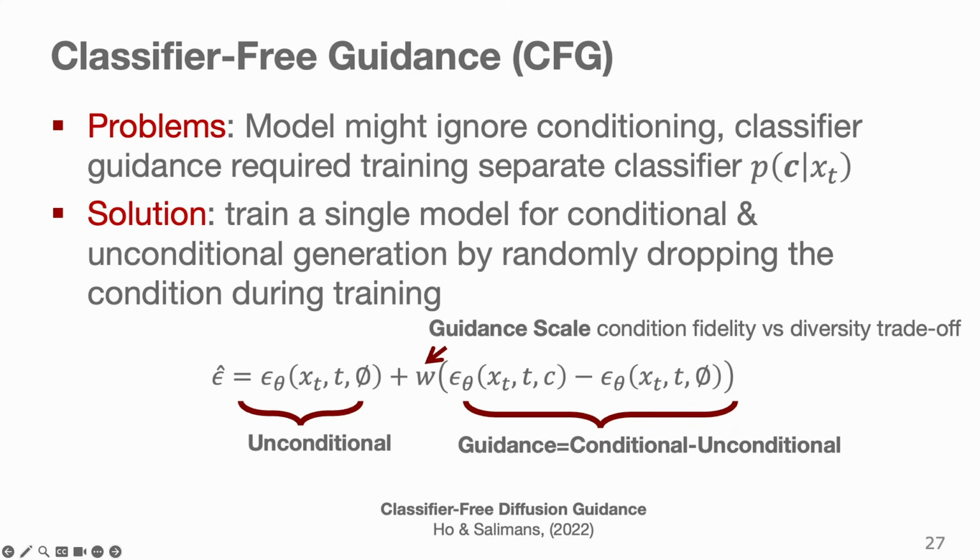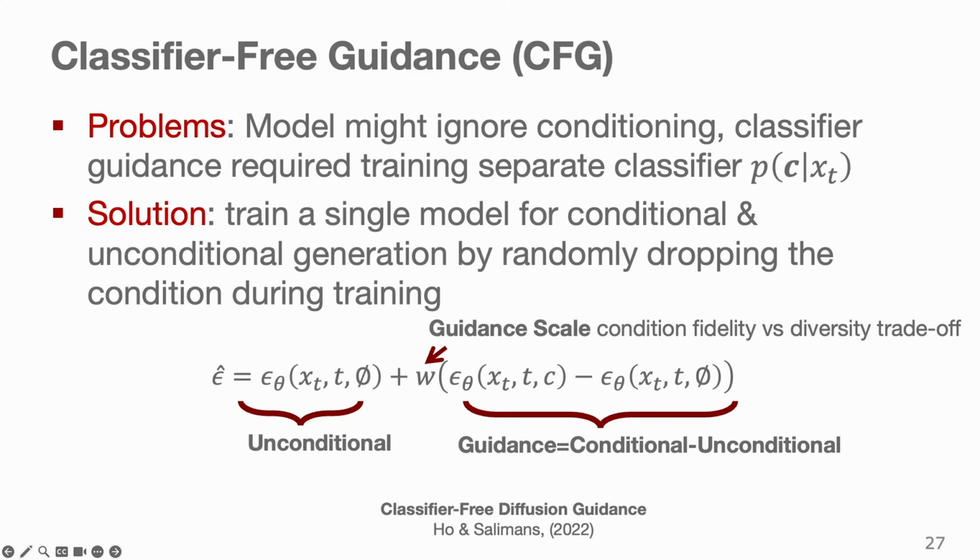And so essentially they are forcing the network to learn both the conditional and unconditional generation simultaneously. And then at inference, they blend both predictions. So you start from the unconditional prediction and then add the guidance scale times the difference between the conditional and unconditional predictions.